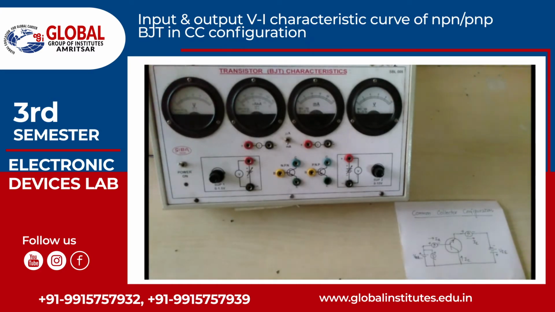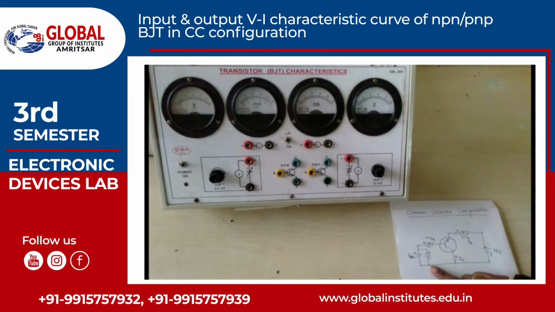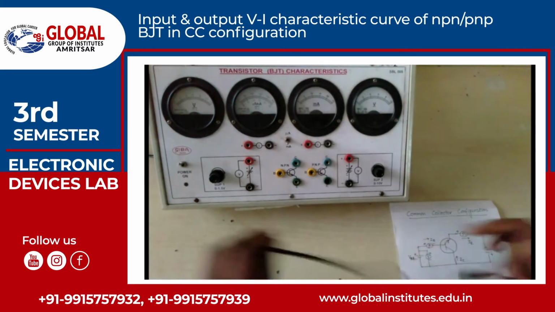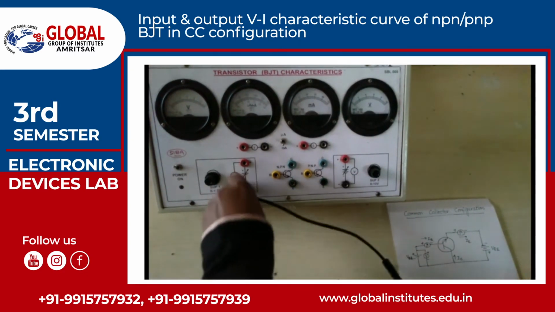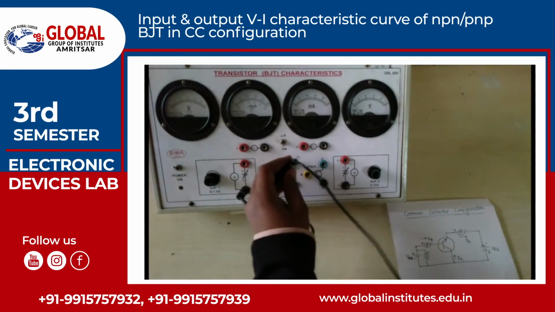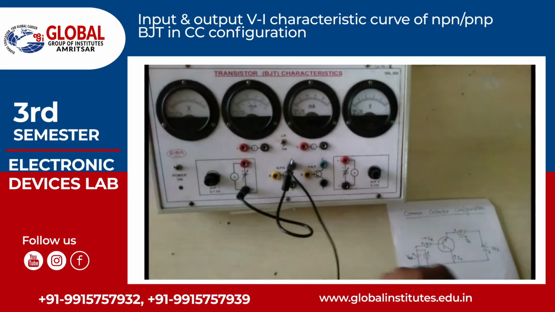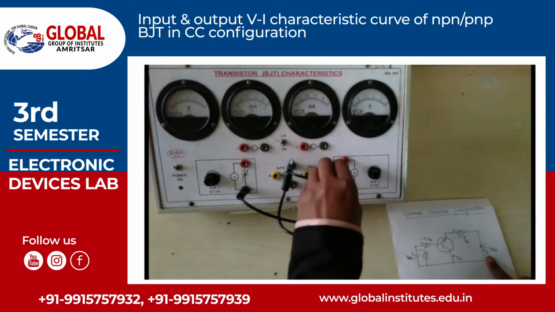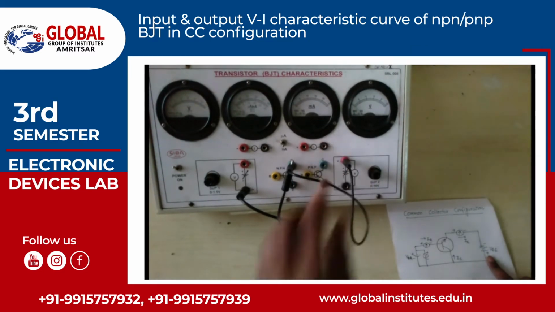Let's start to connect the circuit using common collector configuration. According to this circuit, negative side of the voltmeter and collector of the transistor and positive side of the other voltmeter, they are connected together.